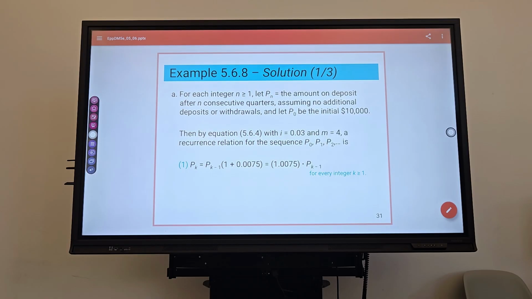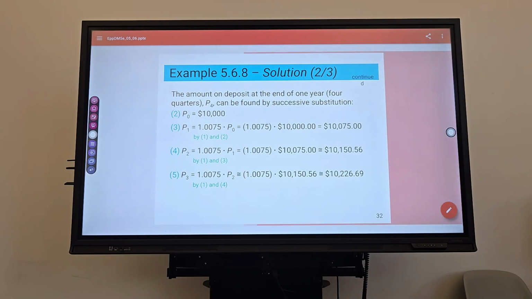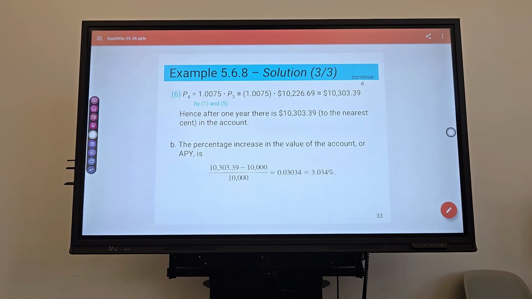So you can easily calculate it at the end of each quarter. The amount on deposit at the end of 1 year, p sub 4, can be found by successive substitution. So at the end of period 4, you would have $10,303.39.